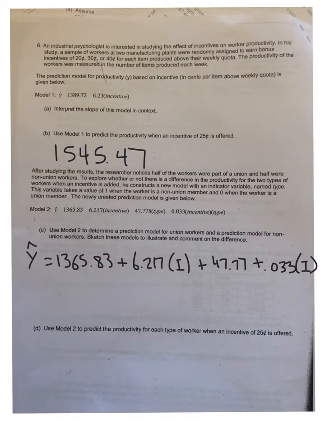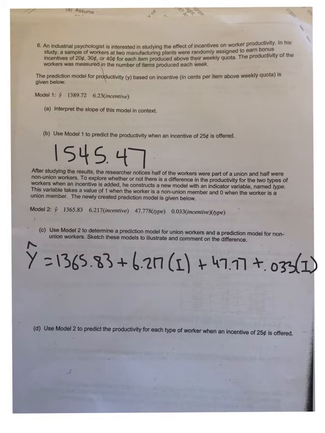So in the formula, when you are a non-union worker, they're going to plug in a 1 in here for type. So you get this right here, the incentive, right? And you get this little bonus here because you would put a 1 in there, 1 times that, and 1 times this. So that's for a non-union worker, we get this much, right?